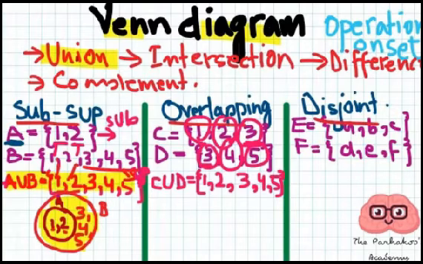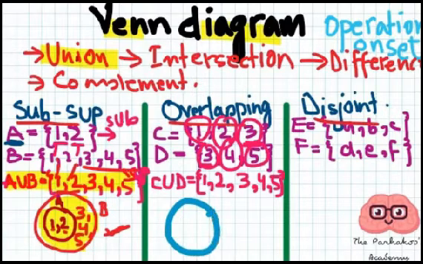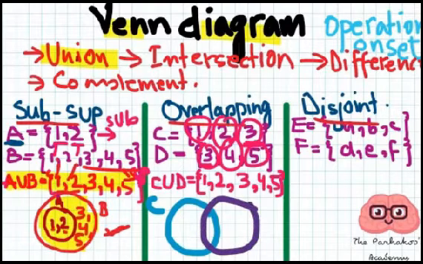Now how are we going to draw the Venn diagram? In this case we cannot draw it like the previous one because that was a subset, right? Since in this case some of the elements are common, and the rest are not. So let's suppose this is C and let's suppose this is D. Okay, let's first write the common elements.